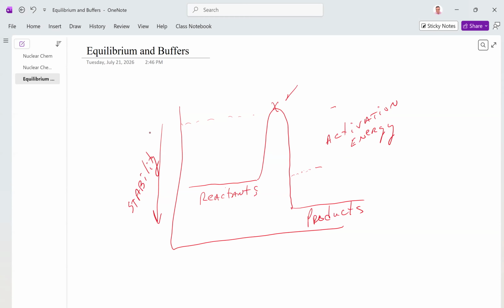So that's called the activated complex, and that's made up of the atoms from the reactants.